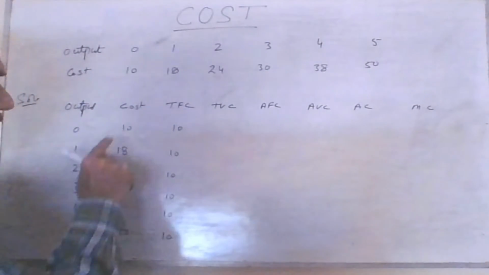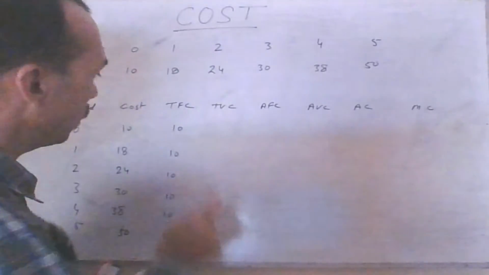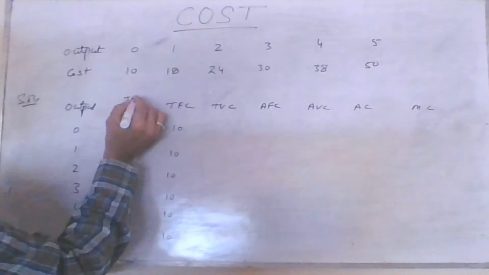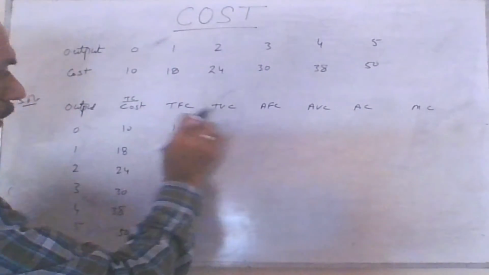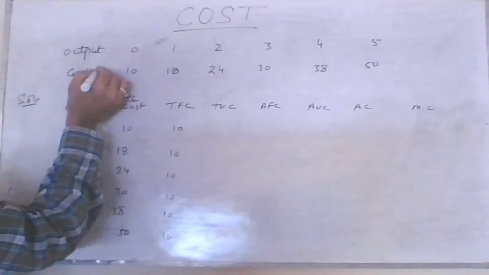Okay. Now we have the total cost, we have the total fixed cost. So total variable cost equals what? TVC equals TC, or we can say total cost. Cost or total cost is the same thing. So TVC equals total cost minus total fixed cost.